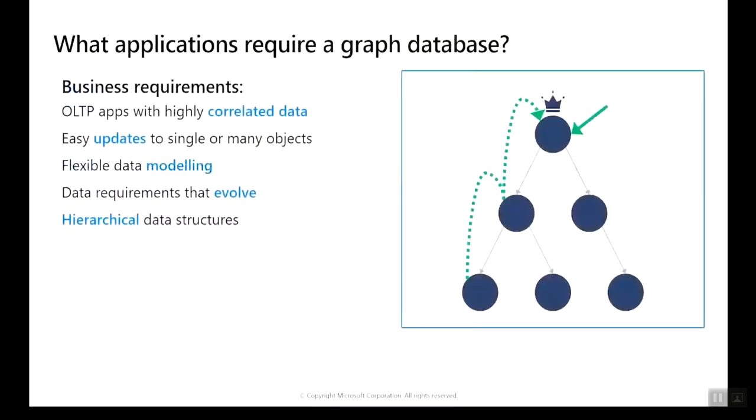If we take a look at an example, let's imagine that we are representing all the employees in an organization with a graph database or graph model. And so each node represents an employee, and the edges represent the reporting line for each of the employees. And so in this graph, the arrows on the edges show the direction of the reporting line.